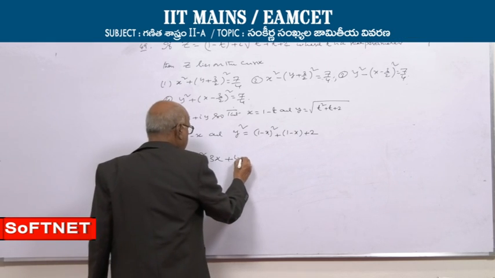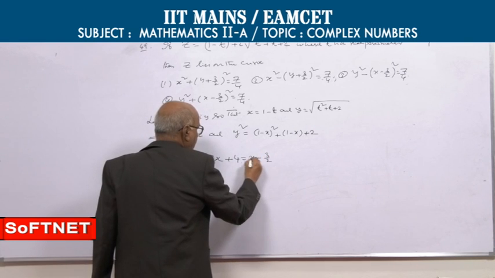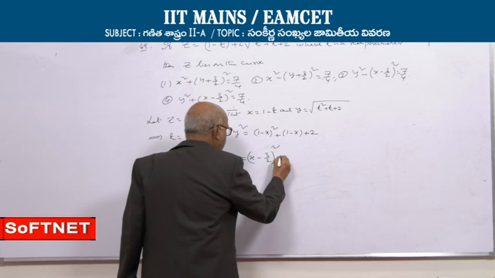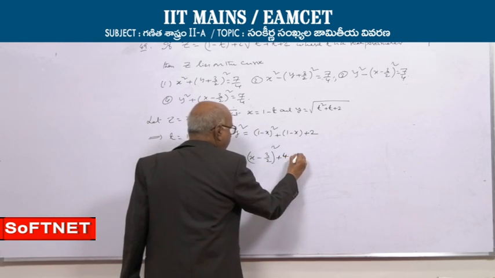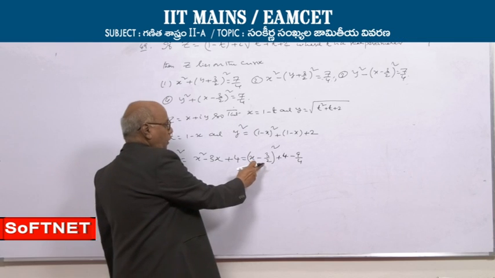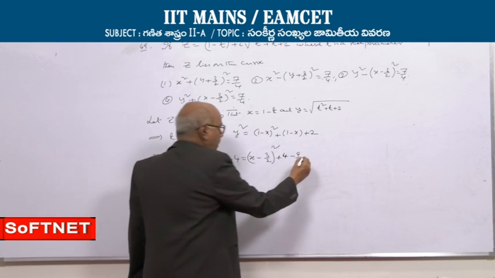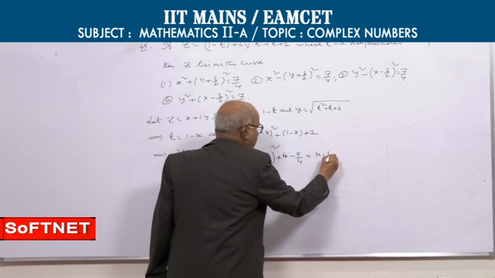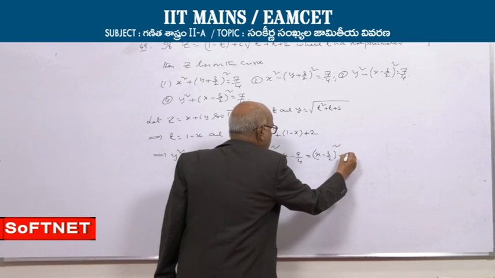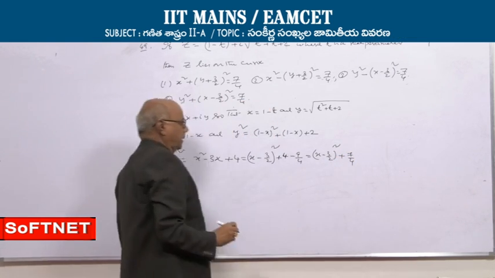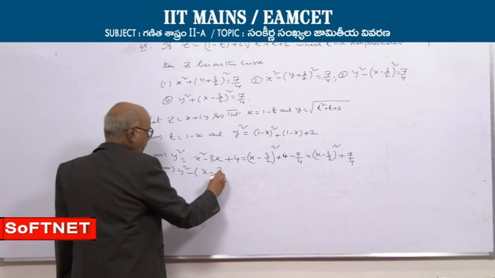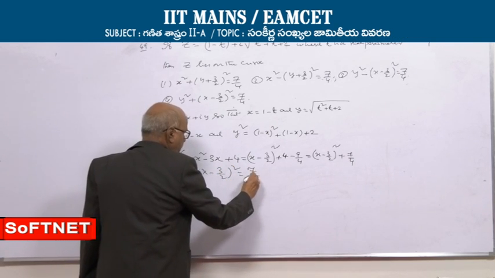So this you can write as, completing the perfect square, (x minus 3 by 2) whole square plus 4 minus 9 by 4. That means we have added 9 by 4 and subtracted 9 by 4. So this is nothing but (x minus 3 by 2) whole square plus 7 by 4. That is y square minus (x minus 3 by 2) whole square is equal to 7 by 4.